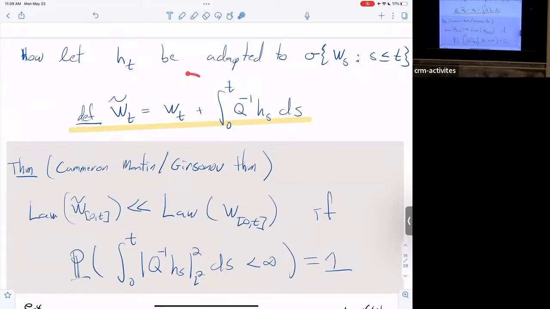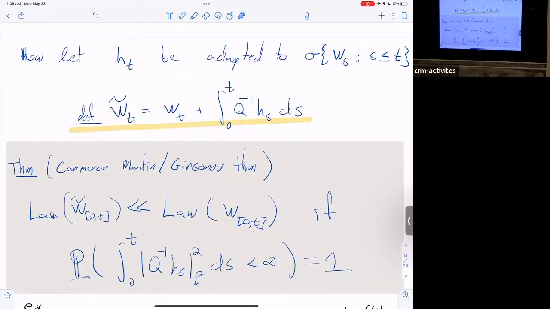Now if I define this process, then the Girsanov theorem, which in some sense follows, depending on how you prove it, from a Cameron-Martin theorem, says that the laws on path space, if I start them from the same initial condition, so from 0, the laws on paths 0 to t are equivalent.